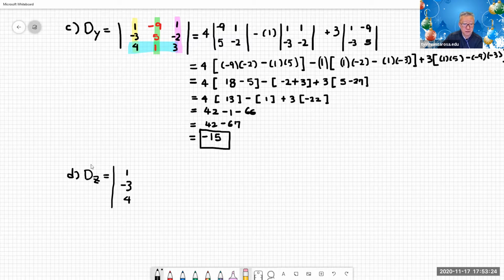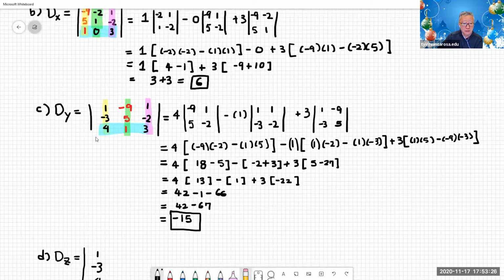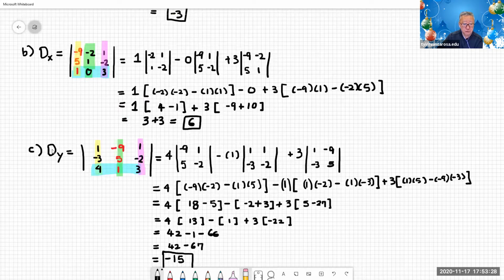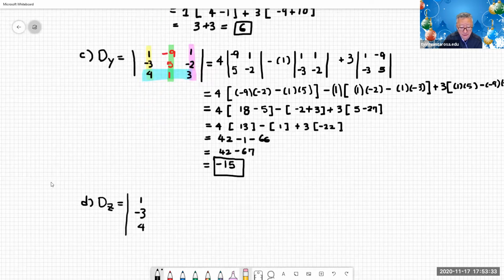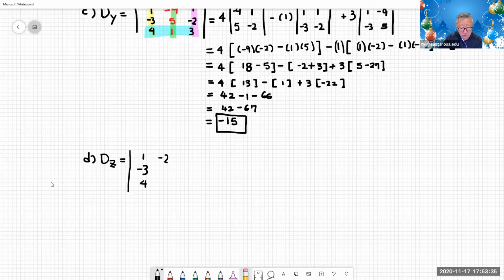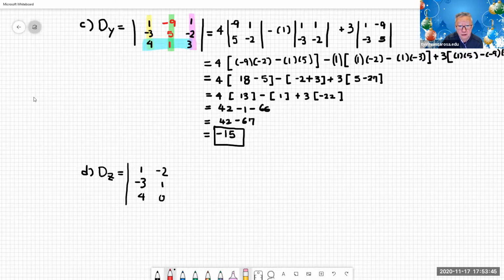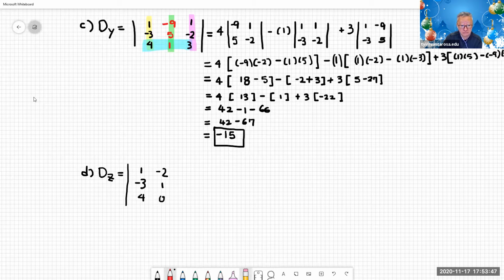What was the second column? Minus 2, 1, 0. I'm just going to put that here. Minus 2, 1, 0. And the last one is going to be the constant column. So in this case, minus 9, 5, 1.